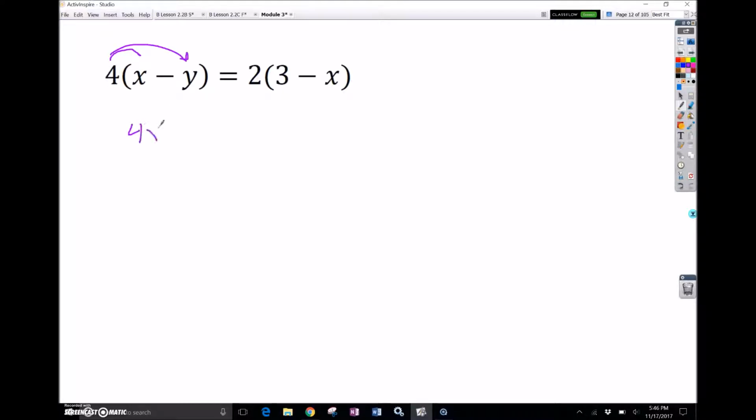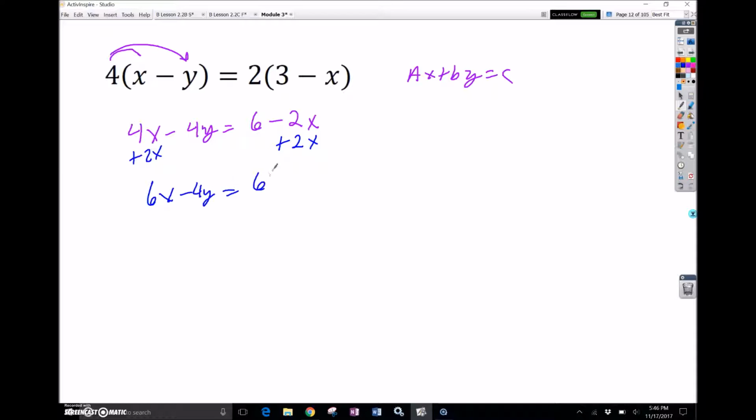This is going to be 4x minus 4y is equal to 6 minus 2x. Remember, I needed the form of ax plus by equals c. My first thing to correct that is to get the x's on the left side by adding 2x on both sides. This will give me 6x minus 4y is equal to 6.